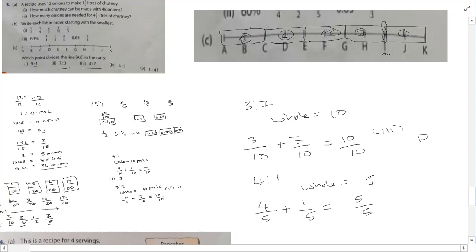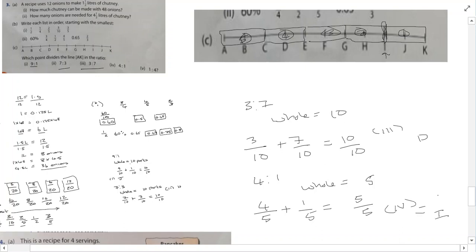Okay, so we can see here that on this side we have 1 part or 1/5, and then on this side we have 4 parts or 4/5, and that's what we want. On this side we want four parts, and on this side we want 1 part. So the answer to this one is going to be 4 is equal to I.